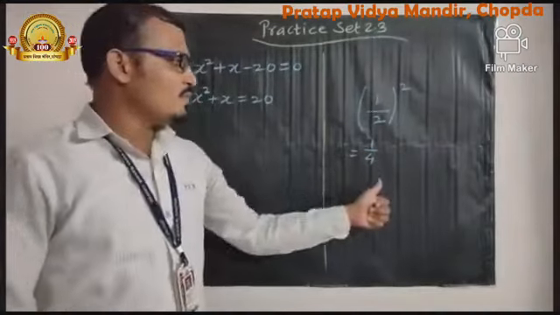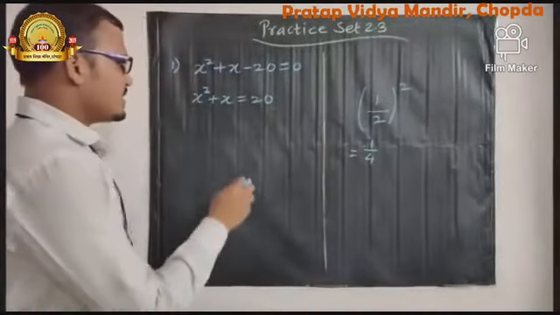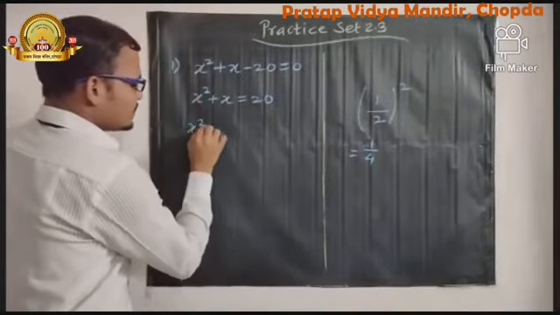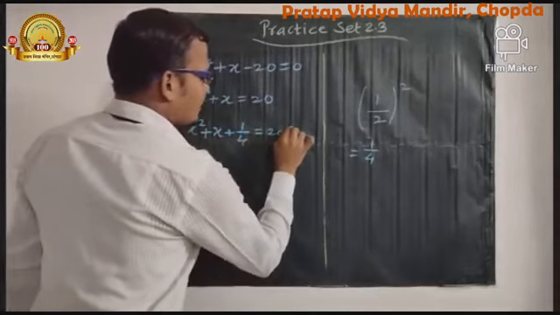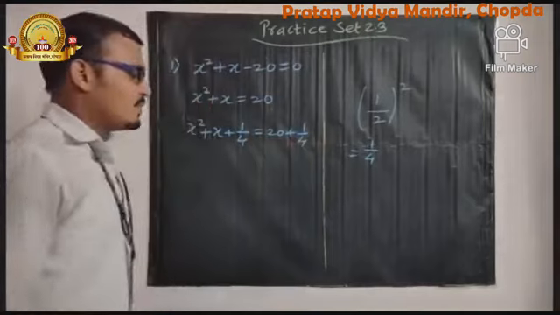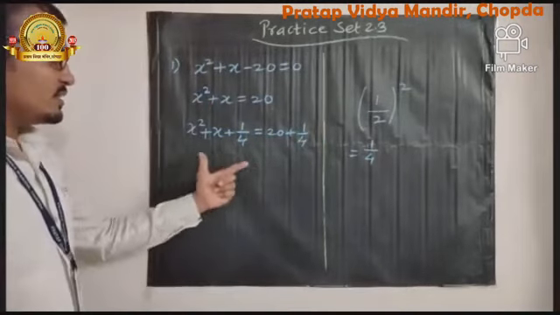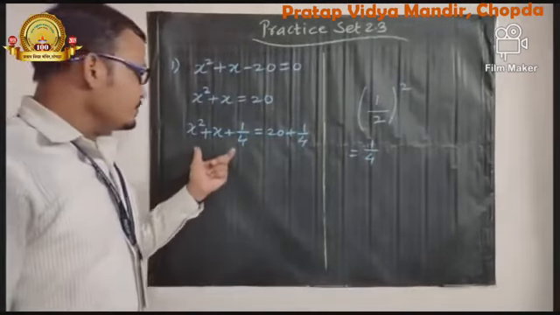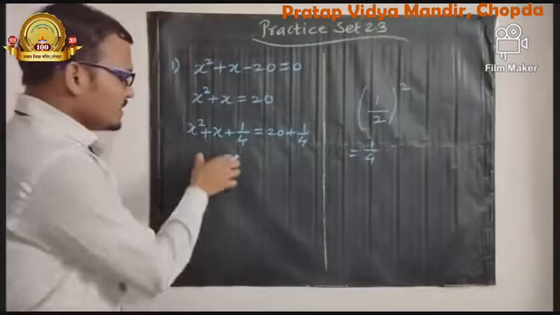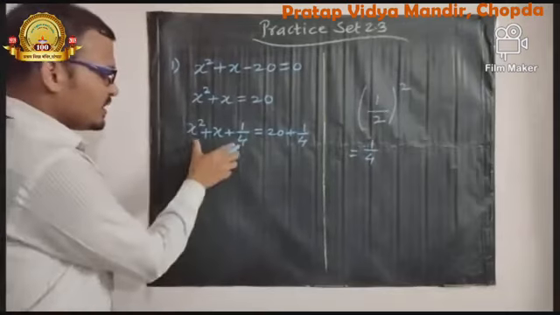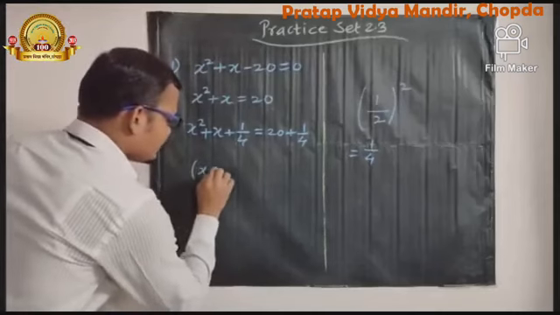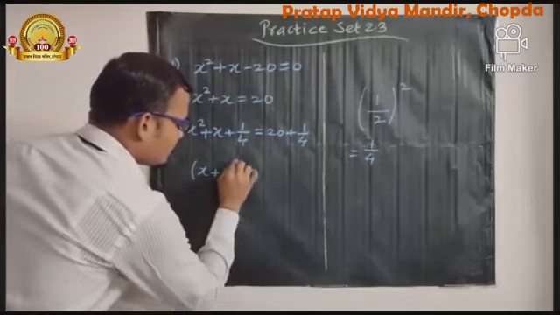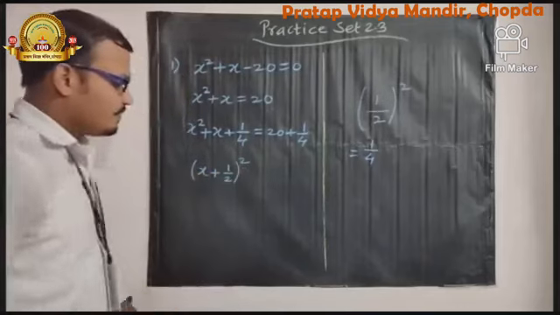So add 1 upon 4 to both sides, LHS as well as RHS. So we get x square plus x plus 1 upon 4 is equal to 20 plus 1 upon 4. Now you can easily solve this equation. On the LHS, clearly this is the perfect square of (x plus 1 upon 2) whole square.